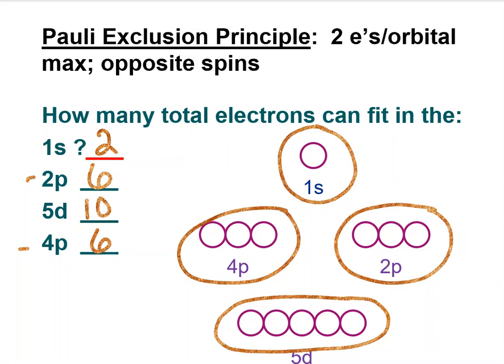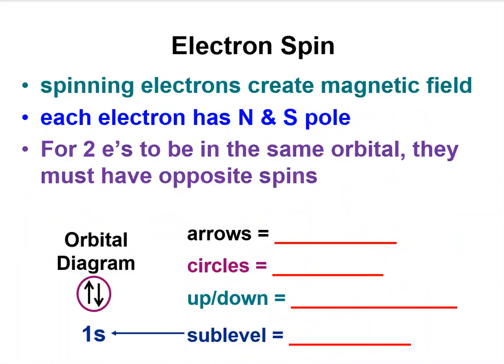Okay, let's talk about that spin. Electrons spin. Electrons are spinning kind of like the Earth is spinning on its axis. Electrons are spinning, and because they have a charge and they're spinning, they create a magnetic field. So each electron has a magnetic field, which means it has a north and a south pole.